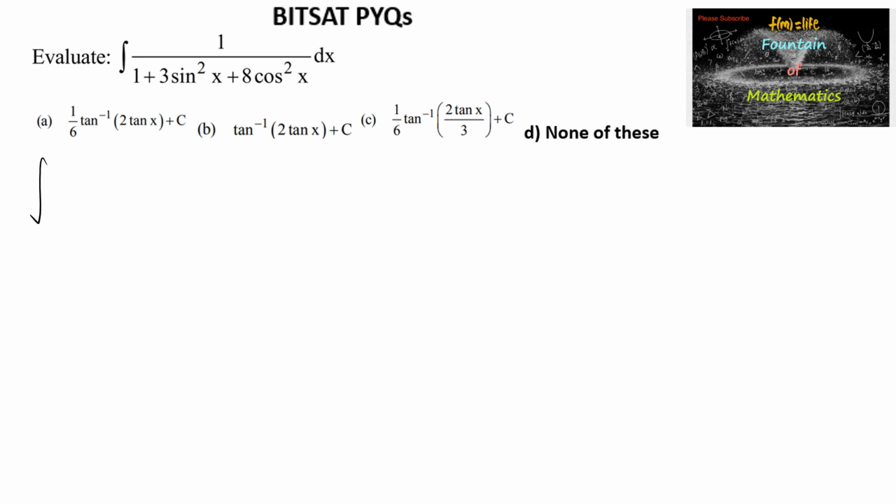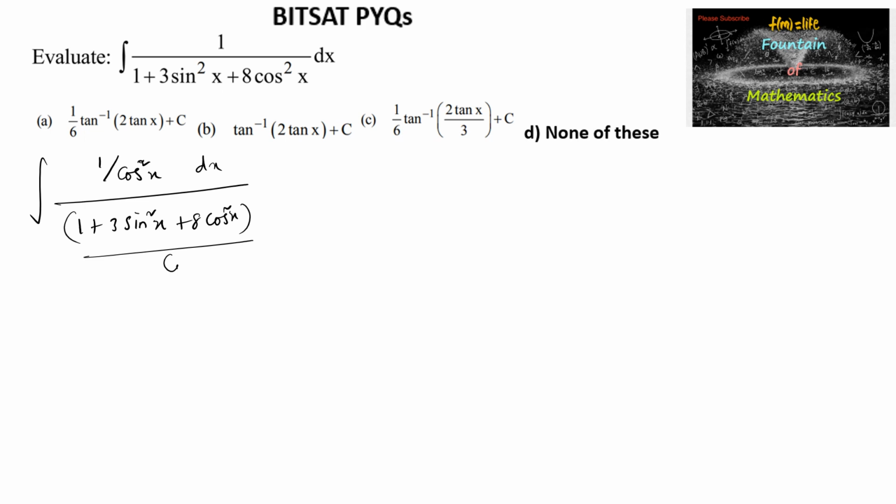Dividing with cos²x, we get 1 upon cos²x dx upon (1 plus 3 sin²x plus 8 cos²x) divided by cos²x. Now 1 upon cos²x is sec²x, so we get sec²x upon (sec²x plus 3 tan²x plus 8).